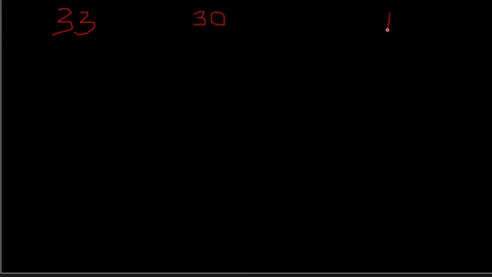Now when you are asked to round off 33 to the nearest 10, you look at how far 33 is from the nearest 30 or 40. 33 comes only three numbers away from 30, but there are like 7 steps for you to move from 33 to 40.